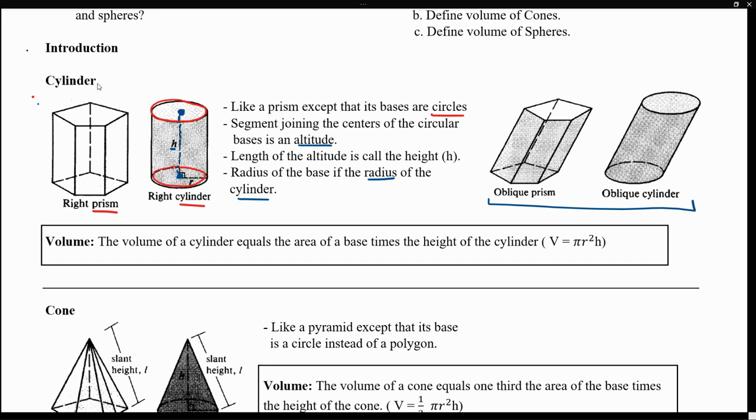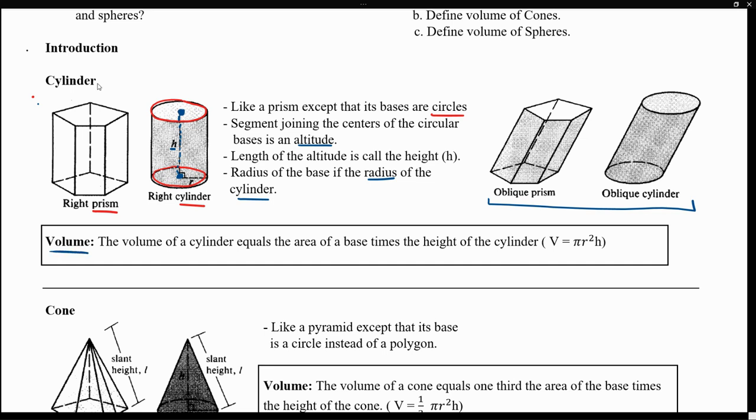Once we start discussing Cavalieri's principle, we'll discuss how to find the volume of oblique cylinders and oblique prisms. So for this lesson, we're just going to concentrate on right cylinders. A right cylinder is one whose height is exactly in a vertical line.